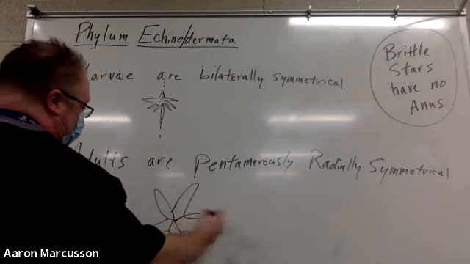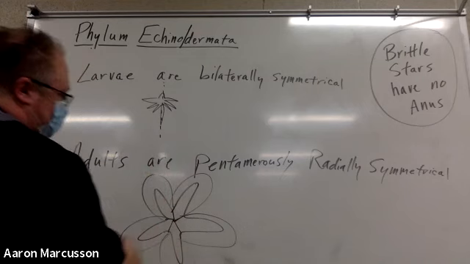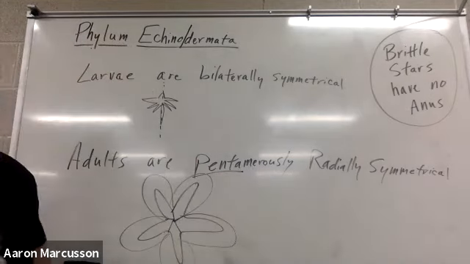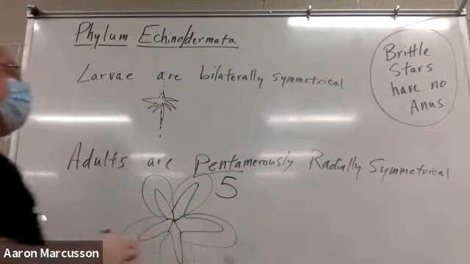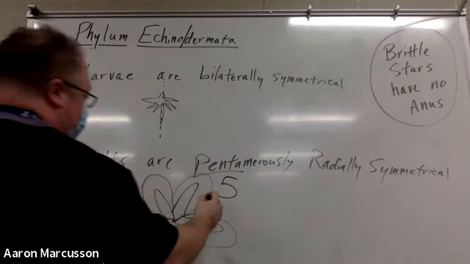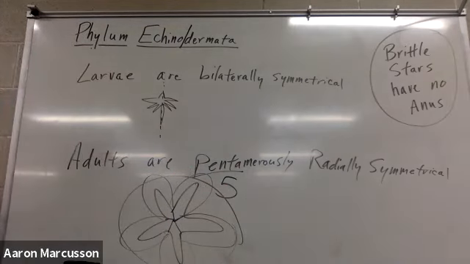I can cut it into five pieces that are all pretty much equal, right? Pentamerous, what is penta? Five. Hexa is six, pentamerous, penta is five. Radially symmetrical, meaning it's essentially kind of like a circle if we look at it the right way, right? That's what we got.